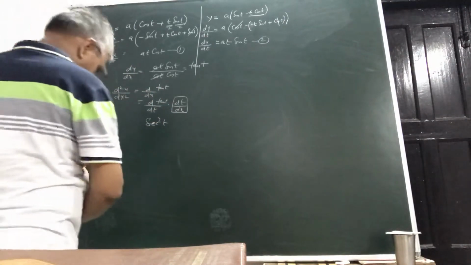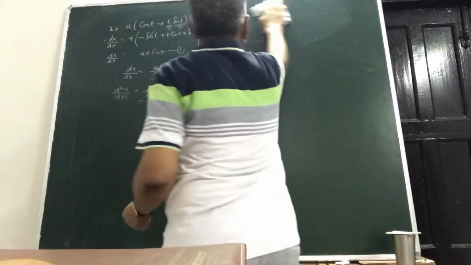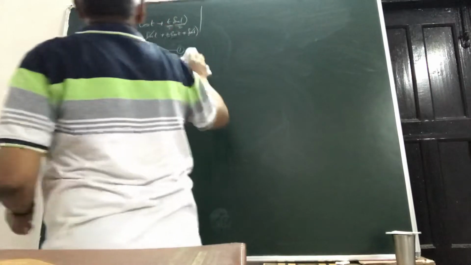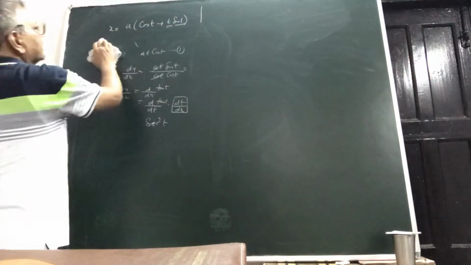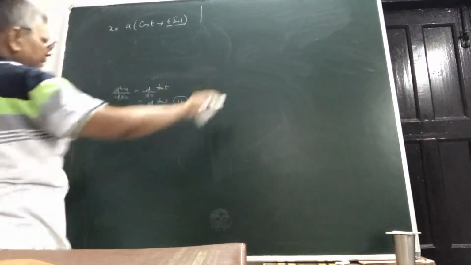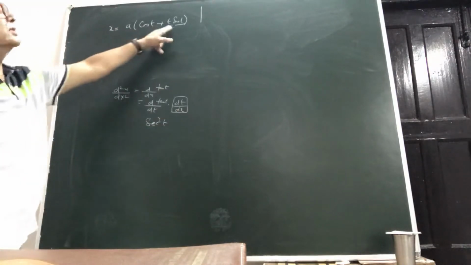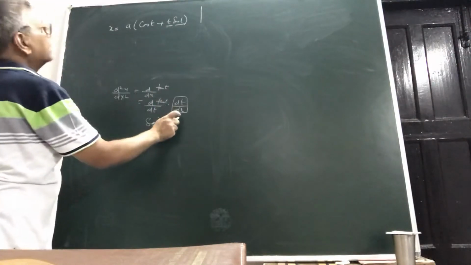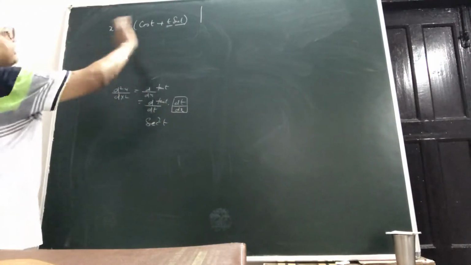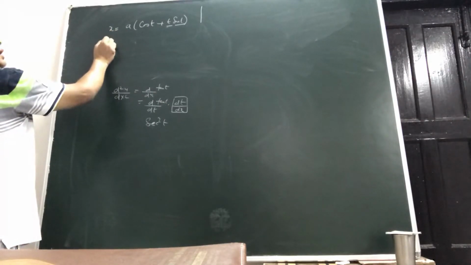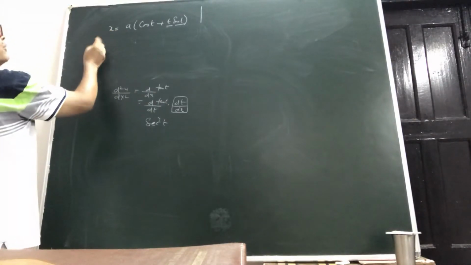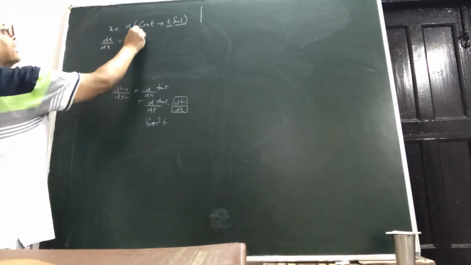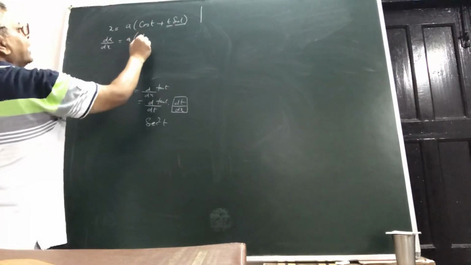We know from equation 1, if you look, x is equal to a cos t plus t sin t. So let us differentiate this equation with respect to x, to get dt by dx. So dx upon dx, that is 1, will be equal to a times the derivative of cos t plus t sin t with respect to x.